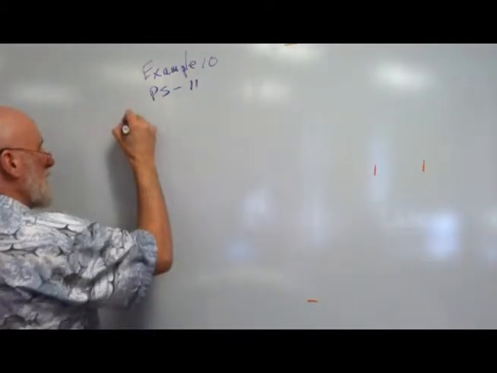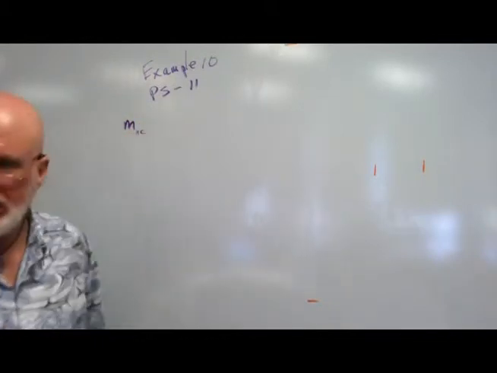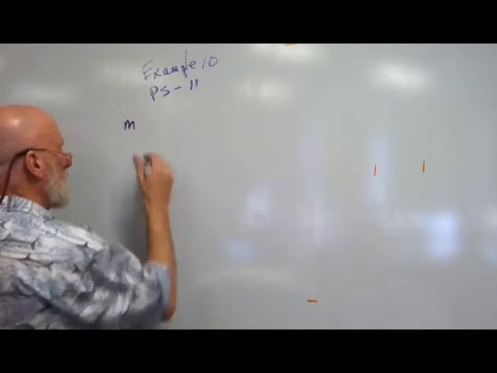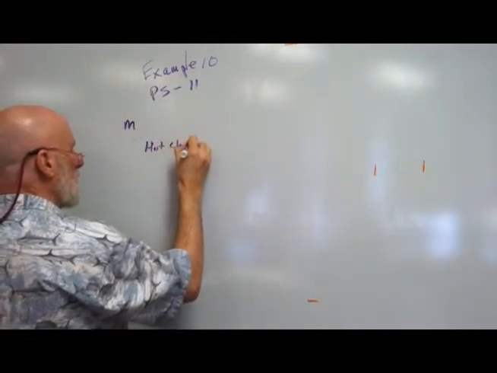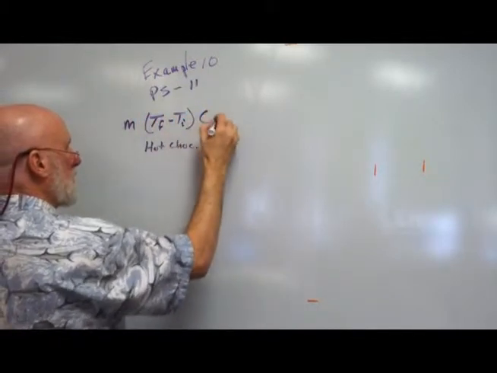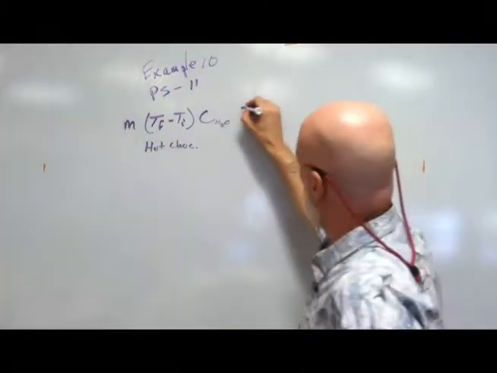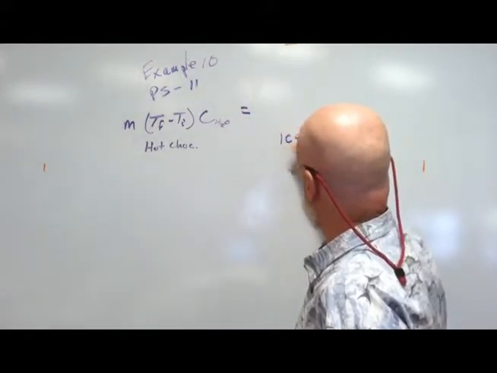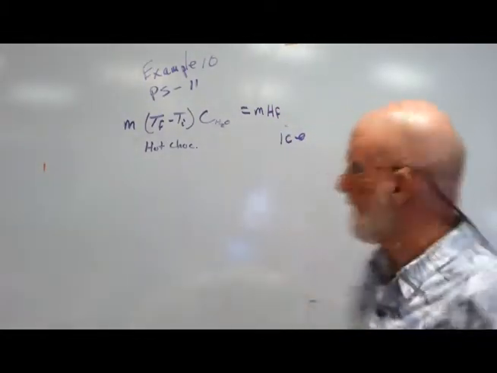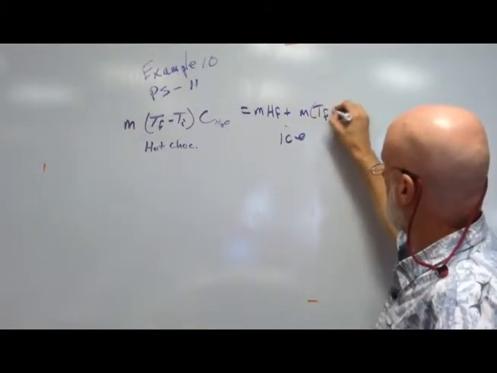So it's the mass of the hot chocolate, times c of water, times Tf minus Ti, equals, this is the ice side, the mass times heat of fusion, plus the mass of the ice cube, c of water, Tf minus Ti.